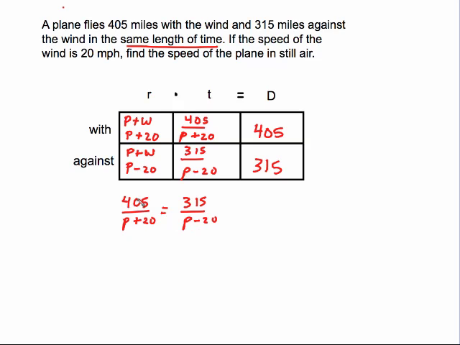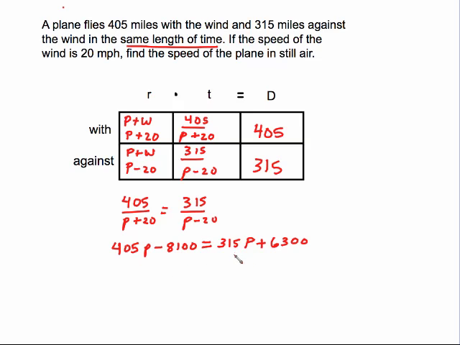So cross multiply here. 405 times P is 405P. 405 times 20 is 8100 equals, cross multiply here, 315 times p is 315p, plus 315 times 20 is 6,300. So we have our standard equation. We just need to solve this by getting the p's on one side and the numbers on the other.